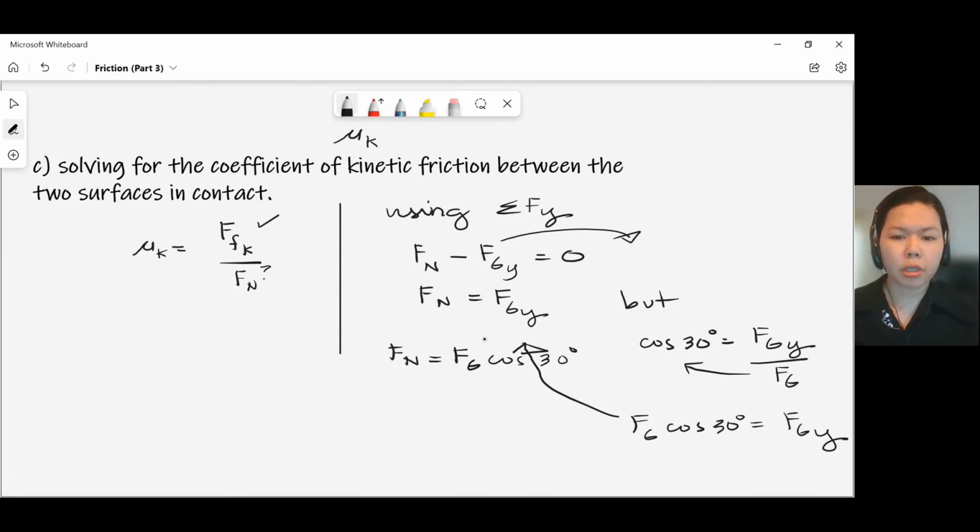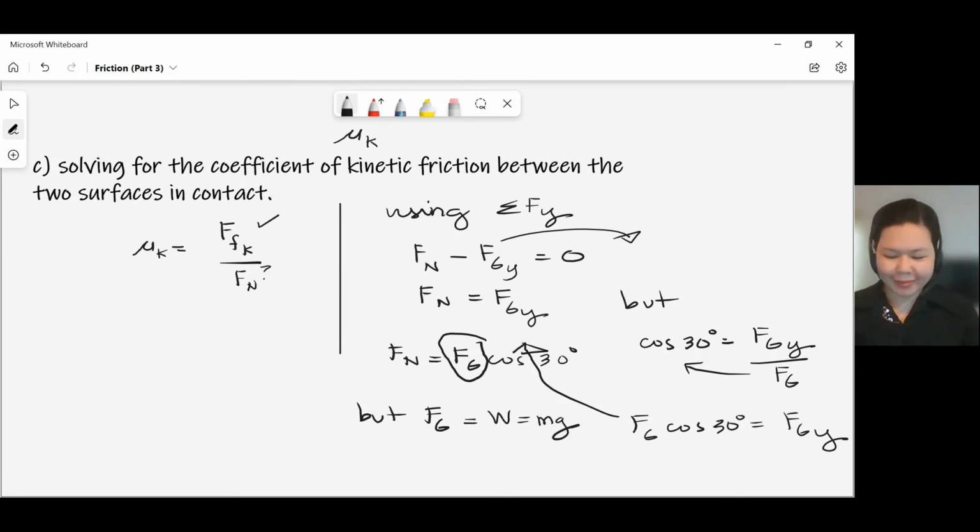But what is Fg? Again, Fg is equal to weight, equals mg.